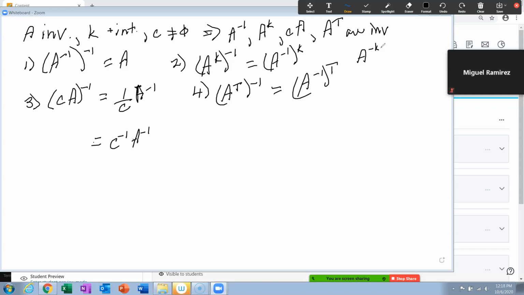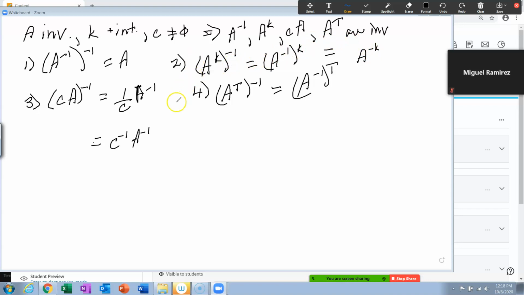But what that does mean, it's the same as this. It's A to the minus 1 times A to the minus 1 times A to the minus 1. It's the same as these two. So you could actually put another equal sign, and all three of those are the same. This is just a really weird way to express it, but it means the same thing as both of those. Okay?